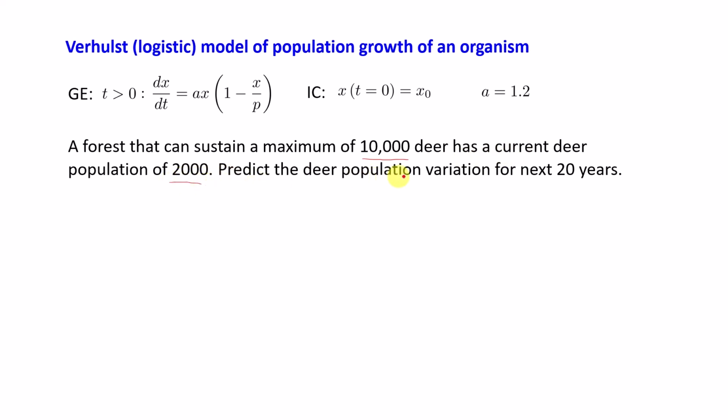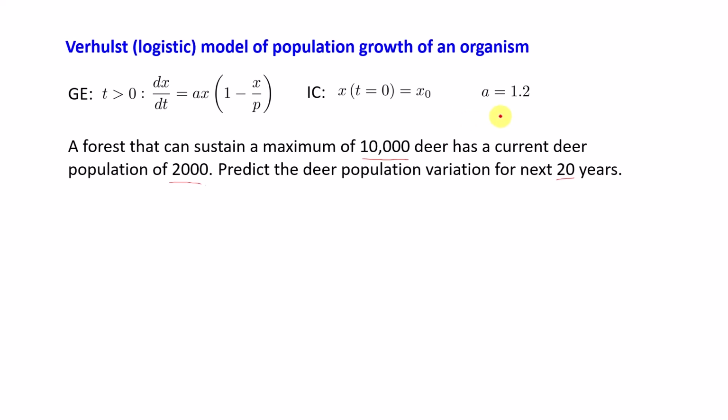We have to predict the population of deer for the next 20 years. This seems like a trivial problem, but these problems are very important for ecologists, and of course, they use a lot of complex models. This is a simple model, but a very good beginning if you want to learn and go in that direction.